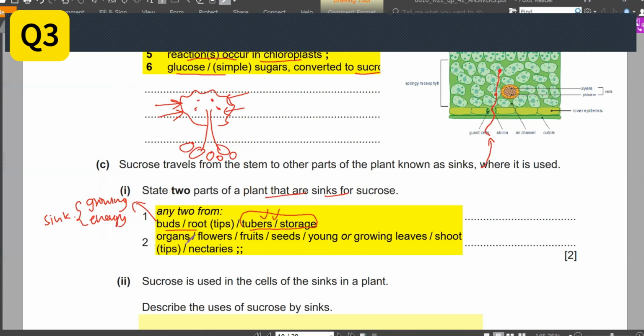Or flowers, fruits, seeds. So these parts can also accept the glucose for storage purposes or for growth purposes. Young or growing leaves, yes. Shoots, okay. And also nectaries, to produce honey.